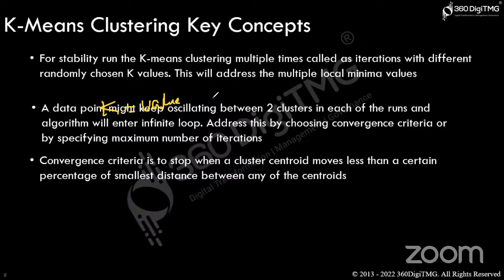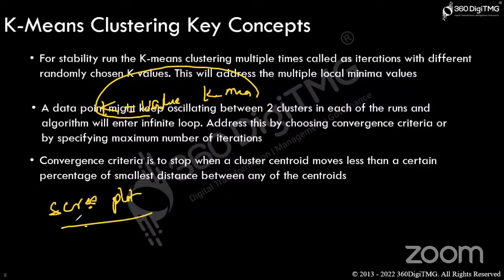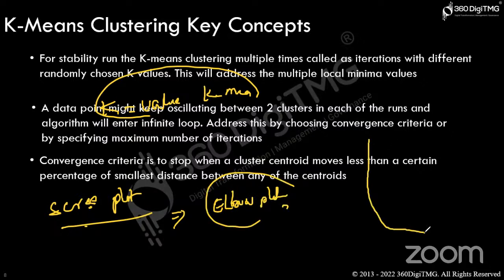To decide the k value of k-means, we will be using the scree plot. We'll also be calling it the elbow plot. We'll be getting something like that.